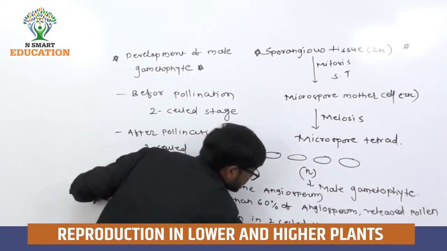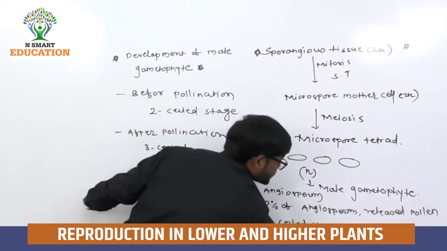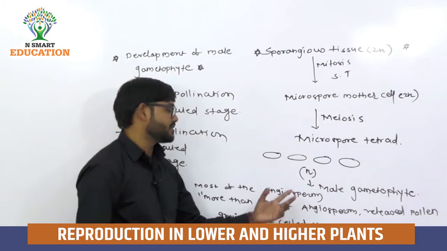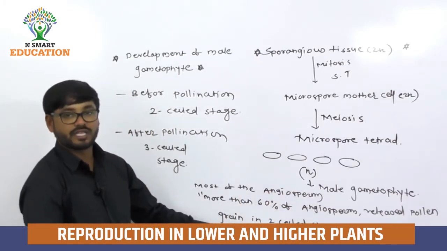It is very important. So at which stage is it released? In the 2 cell stage. This is very important. More than 60% angiosperm release pollen grain in 2 cell stage.